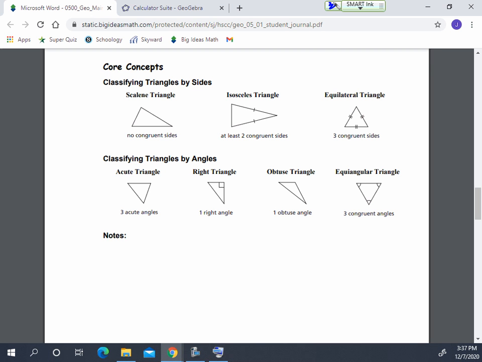Without even labeling these angles, we know what those angles equal, right? Because the whole thing has to equal 180, and we have three of the same angle. We know that each angle is 60 degrees. Moving on.